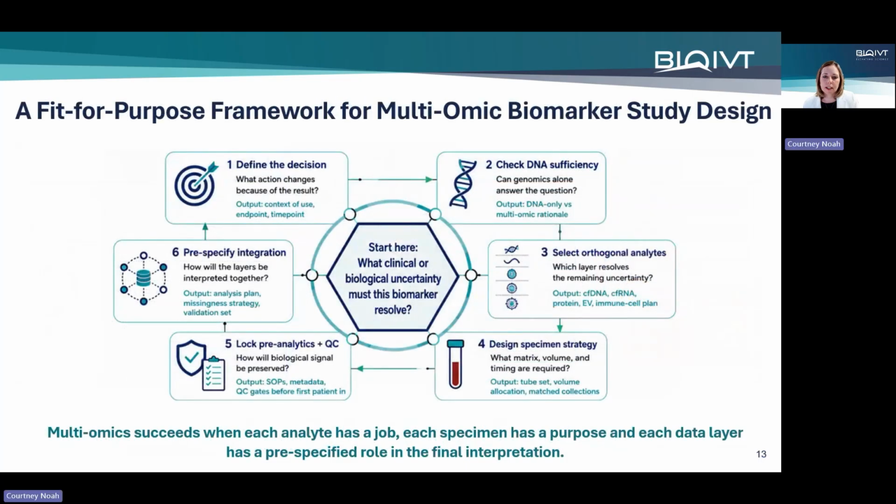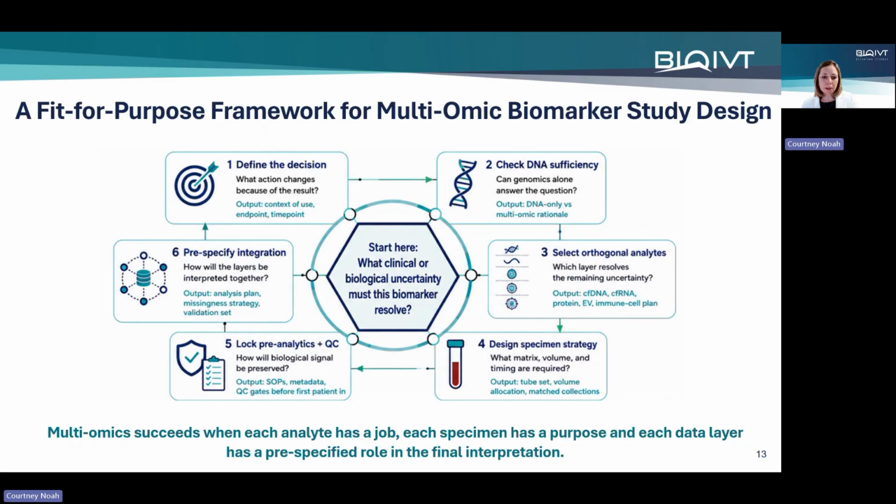Given all of these complexities, how should we think about designing an optimized multi-omic biomarker program? The answer is to ensure that you have a fit for purpose framework. One of the biggest mistakes we see across translational research is a focus on technology-driven study design.